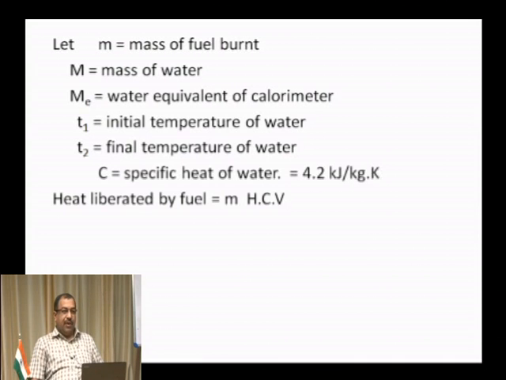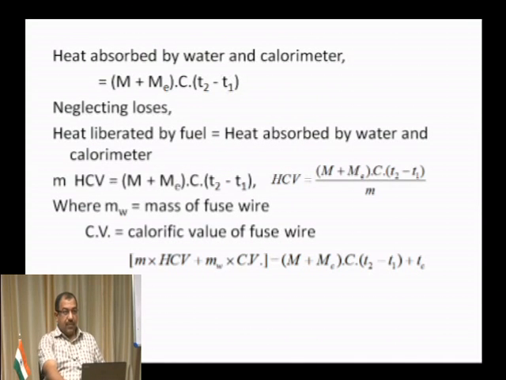Next, heat liberated by fuel is given by the equation m into HCV, m into higher calorific value. Next, heat absorbed by water and calorimeter is given by the equation: capital M is the mass of water present in the calorimeter, me is the water equivalent of calorimeter, because not only water absorbs the heat, the calorimeter also absorbs the heat.